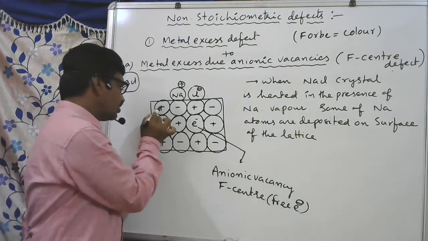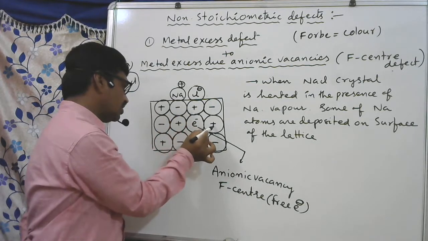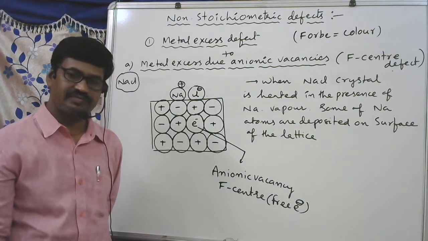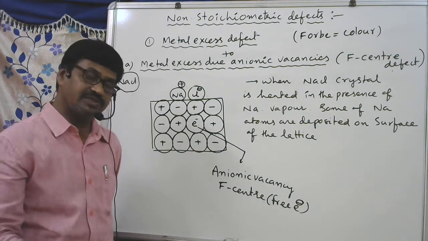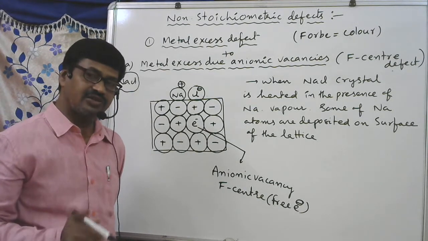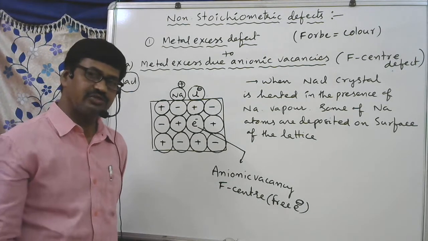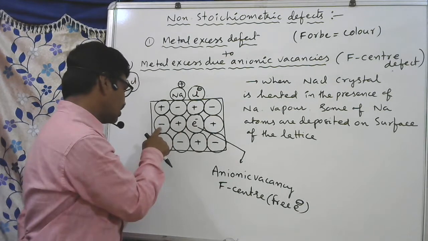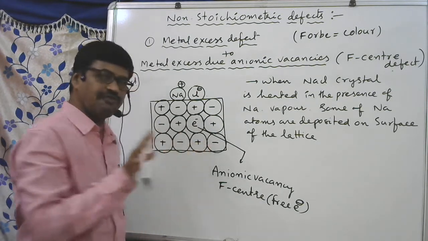From here, 1, 2, 3, 4, 5, 6 positive charges are present. And how many negative charges must be present to maintain electrical neutrality? There should be 6 negative charges. But here 1, 2, 3, 4, 5, only 5 negative charges are there.